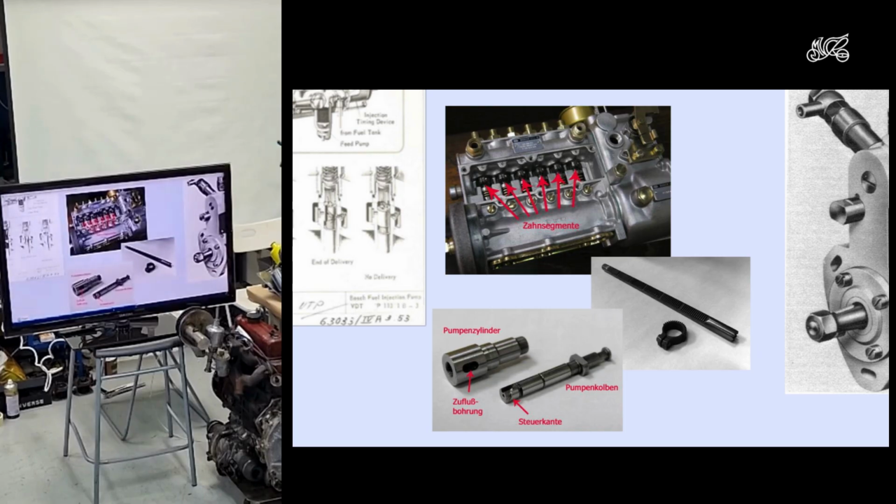So these systems measure it mechanically. There's a pipe from the manifold to these pumps, and they've got some diaphragm system in, and they've got a wedge-shaped device which transmits mechanically information about the manifold pressure.